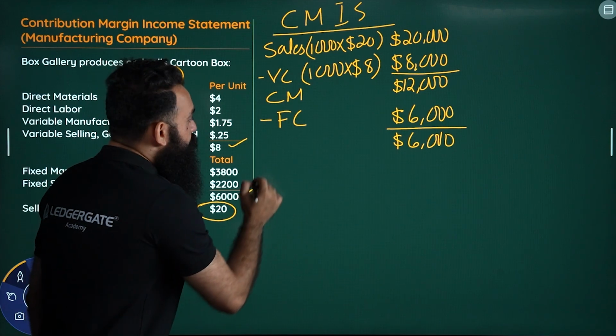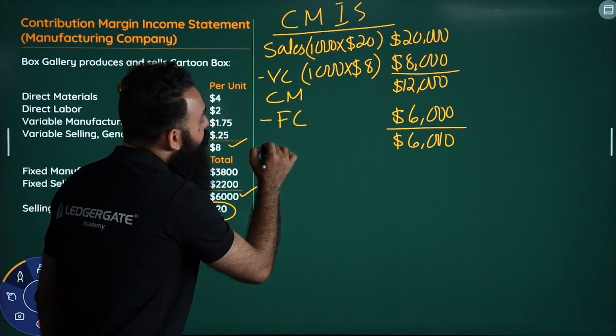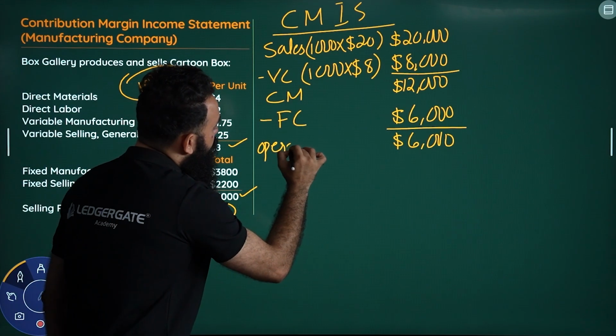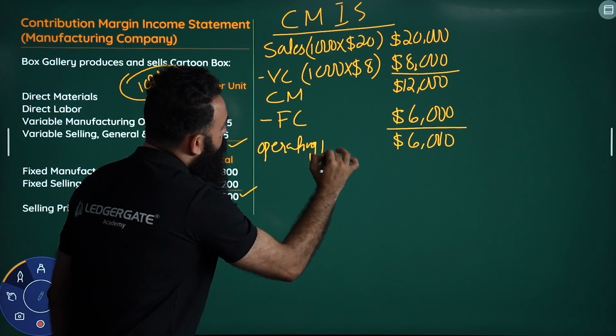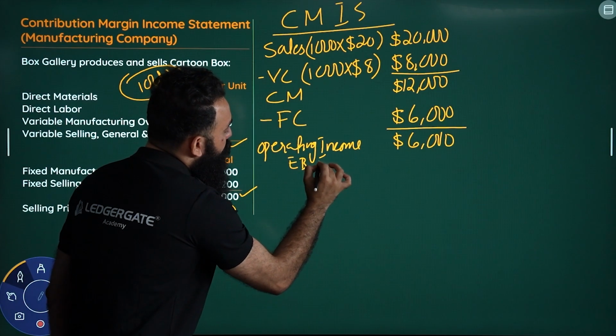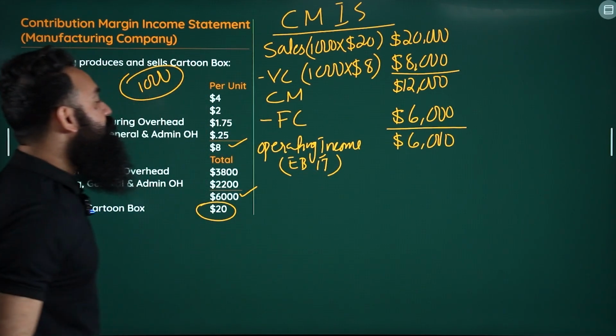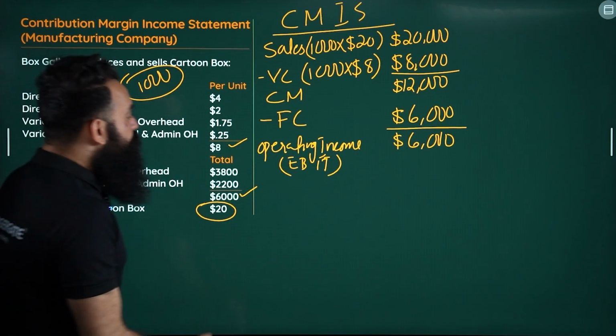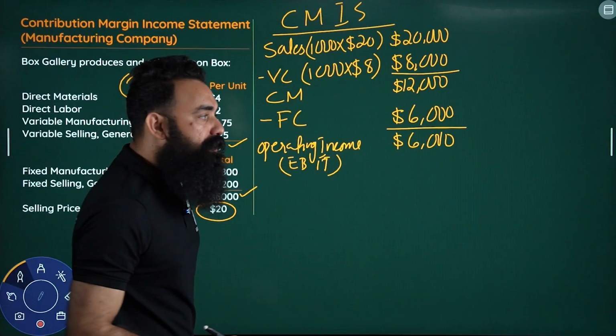We call this operating income, otherwise earnings before interest and tax, EBIT. From this, we are going to deduct interest.